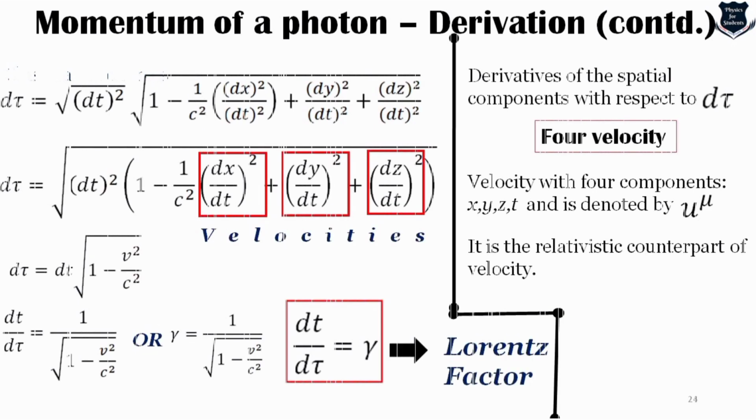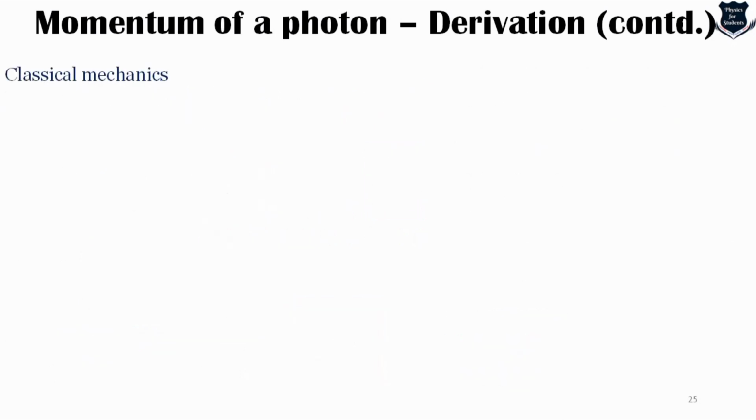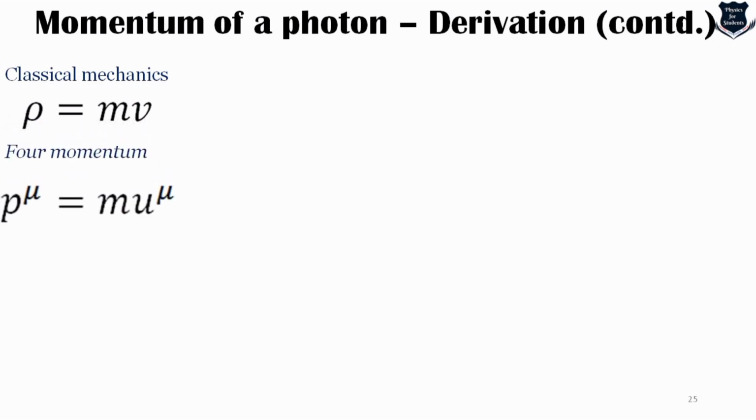So this is what we have understood until now. We have got the Lorentz factor, and we are moving with the four-velocity. Now in classical mechanics we know this, right, as the formula for momentum. And in relativity, we also have something like this. You can just calculate that it is mass multiplied by four-velocity.